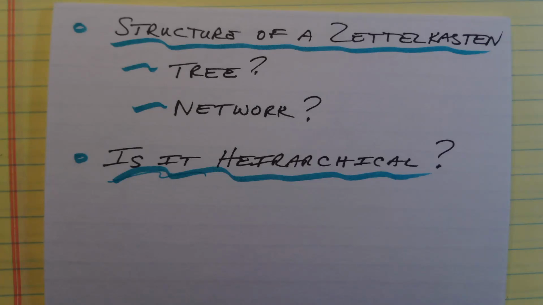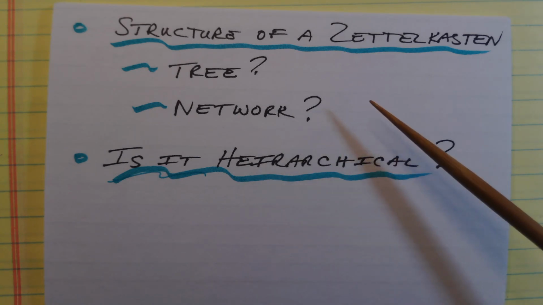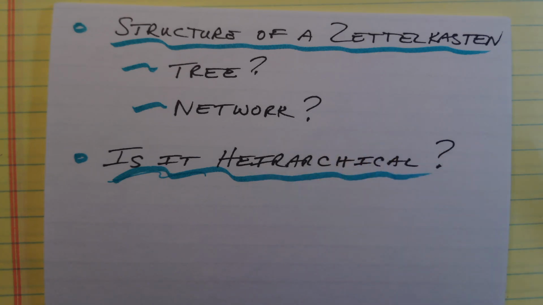See you there. Okay, here we are with our down-facing camera where we can look at some cards. We're talking about the structure of a Zettelkasten. Is it a tree or is it a network? And is it hierarchical in nature? So let's dive in and take a look.